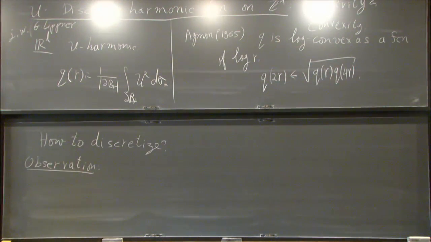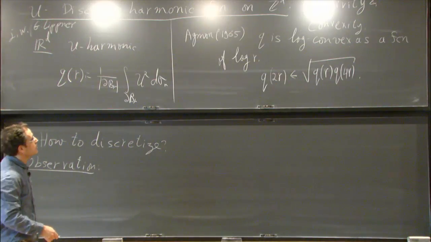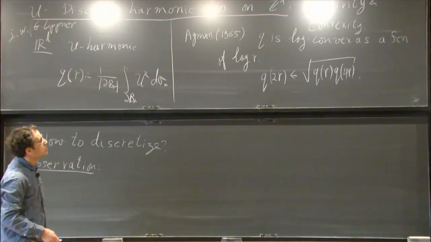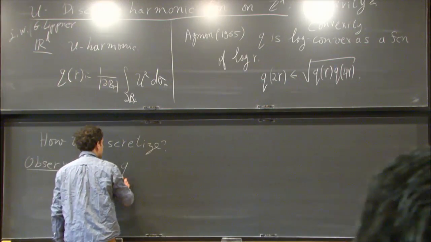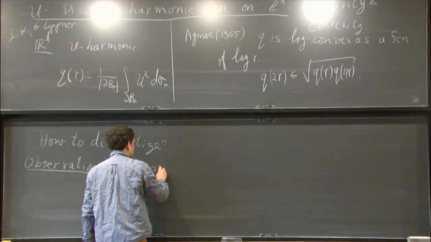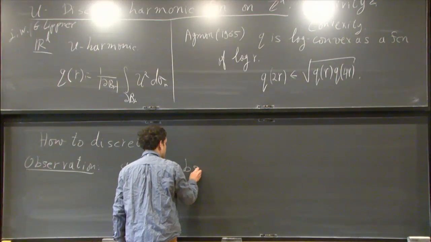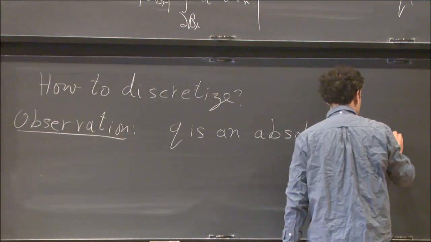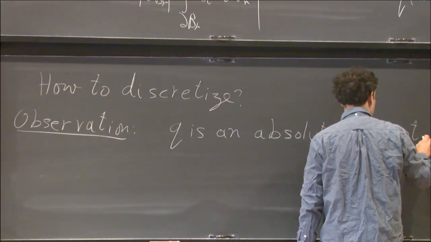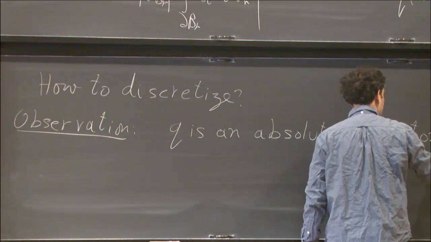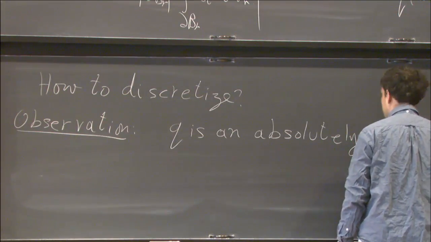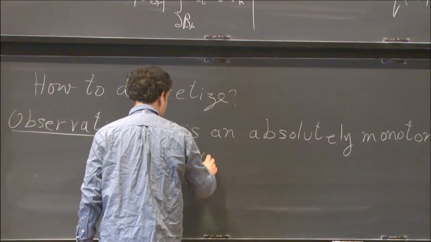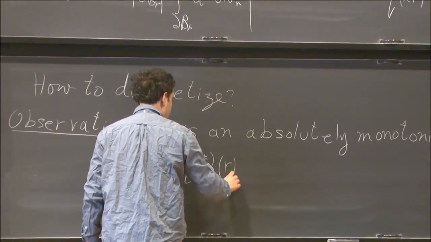The key observation is, in fact, that a much stronger property of the Q function is true: Q is an absolutely monotonic function, meaning that Q and all its derivatives are non-negative.